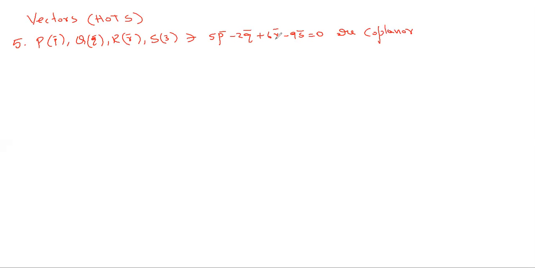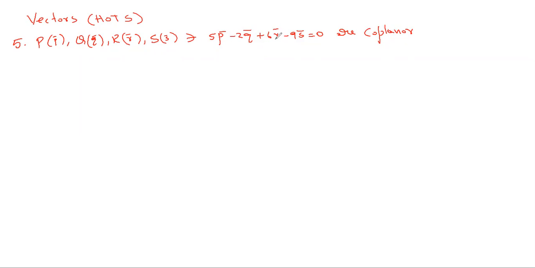This three-dimensional view, you will understand the things better once we are done with the 3D. But still, you can try to understand this logic. In any plane, any two geometrical figures on that plane are coplanar, obviously, because they are on the same plane.